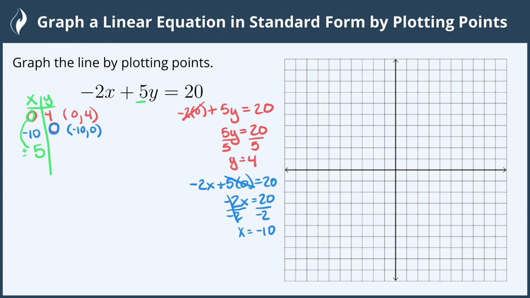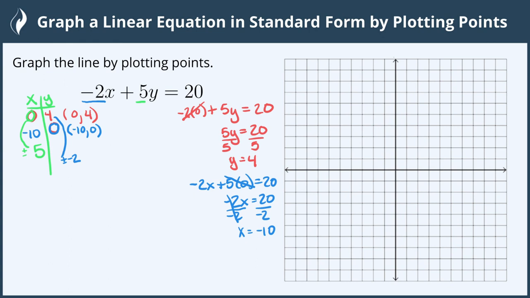A different approach would be to take one of the y values, 4 or 0, and add the x coefficient, which is negative 2, and we add or subtract that to either of those. So we could do 4 plus or minus negative 2 for a y value. Either way, this method will give us whole numbers that we can graph instead of trying to graph fractions, which isn't very accurate when we're graphing by hand.